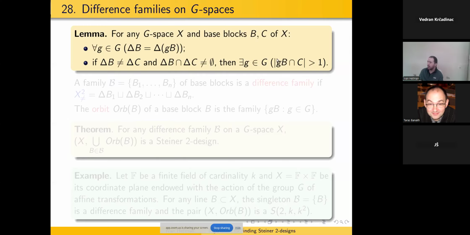This means that by action of some element of G, you can move this block B to some block that intersects C in more than 2 points, and these blocks are not equal. I suppose that I skipped it. So GB is not equal to GC. Oh, sorry.